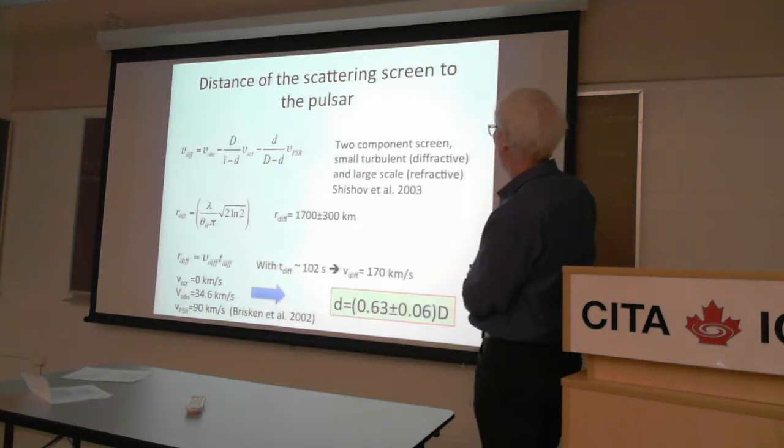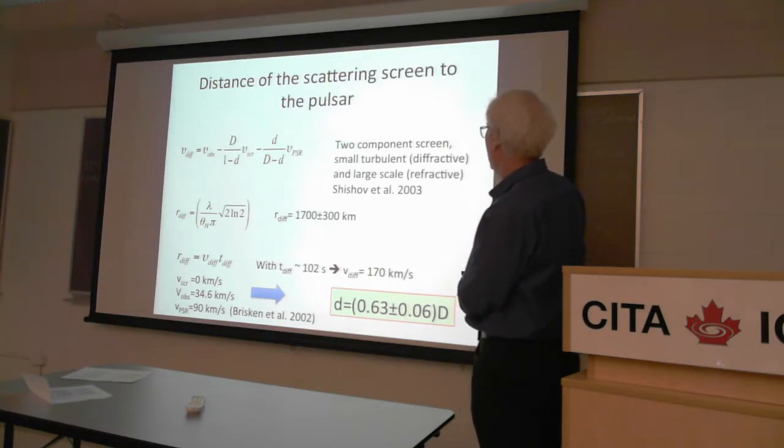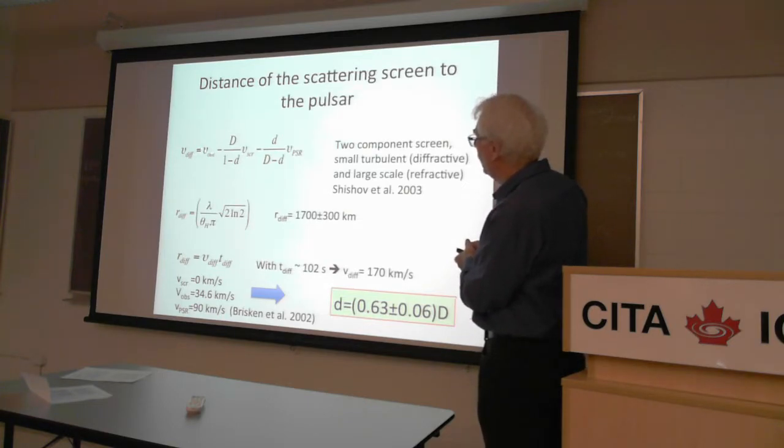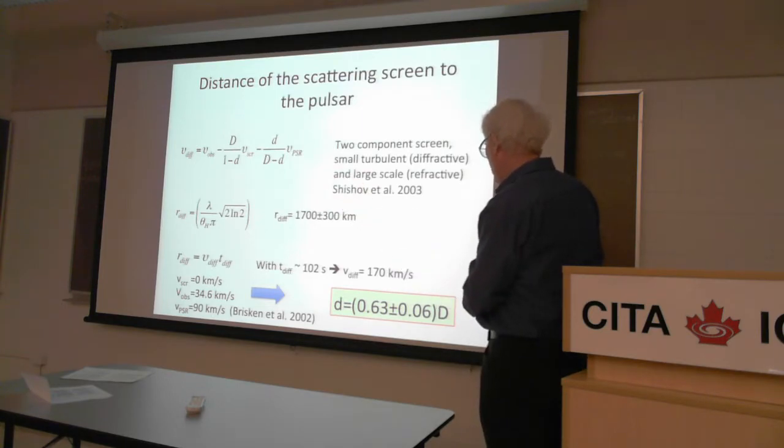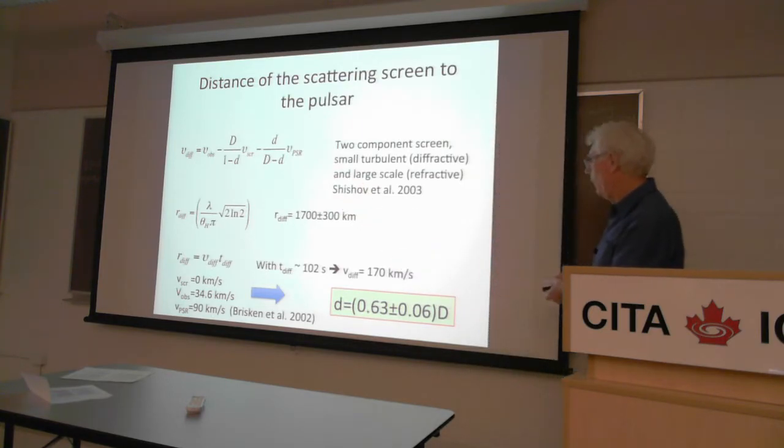For a more complicated model, Shishov considered two components, small-scale turbulent and large-scale refractive, by inserting all these velocities for the pulsar, the screen, the observer, and the diffraction pattern. I have given a list of them here. This assumed a screen standing still, observing from the solar system in the galactic frame. This was measured. We come to about, well, similar, 0.63.